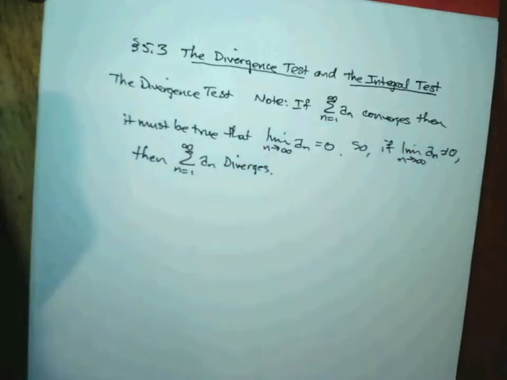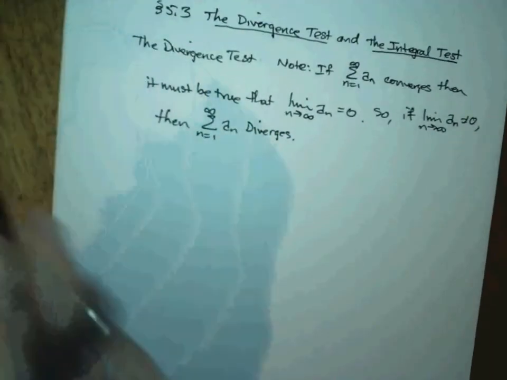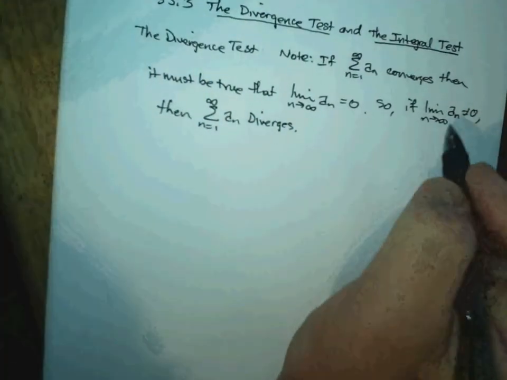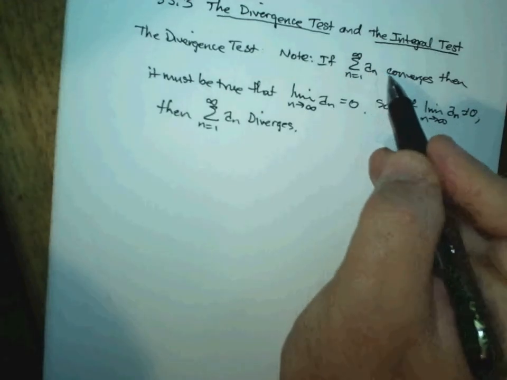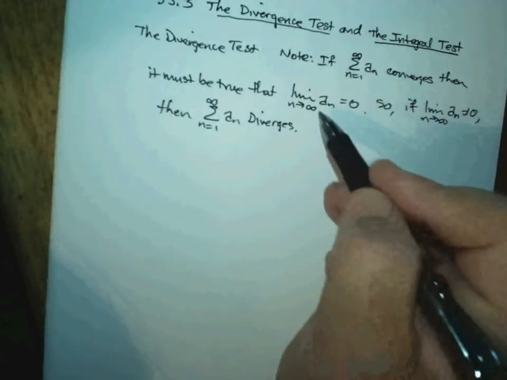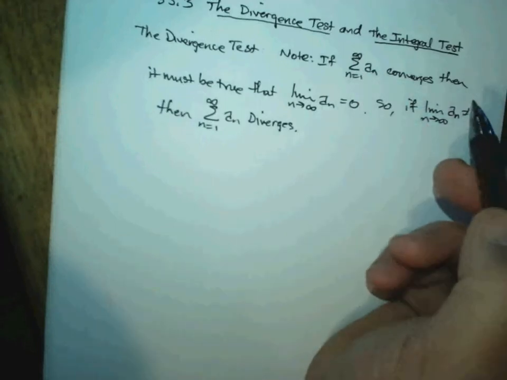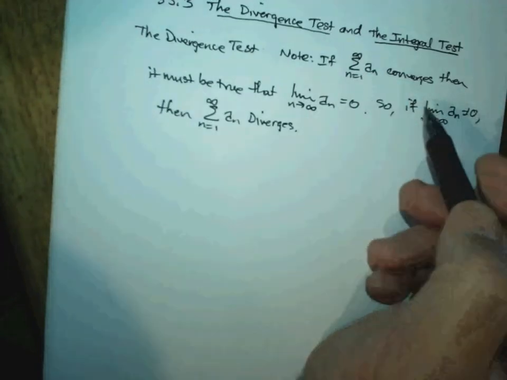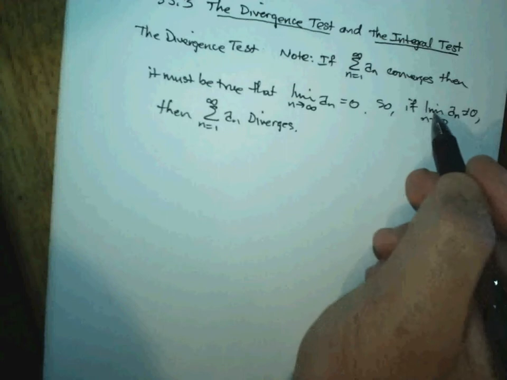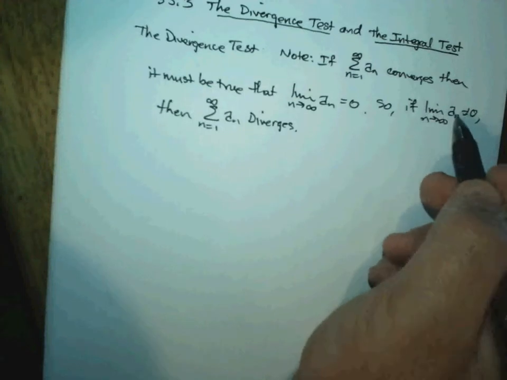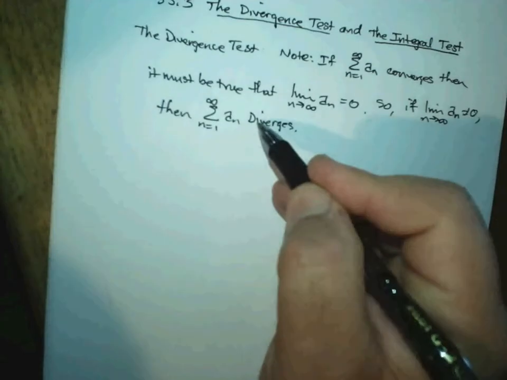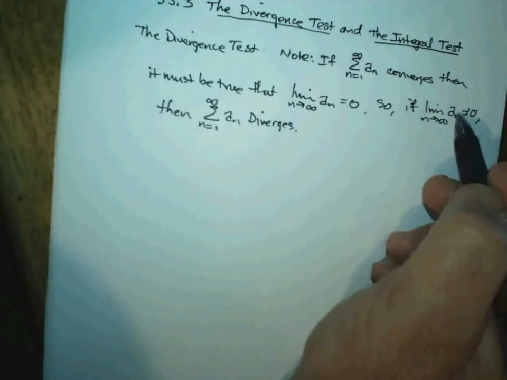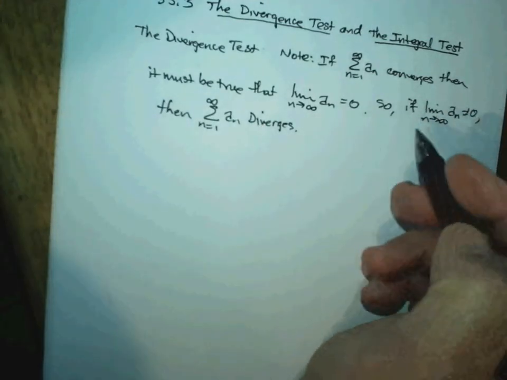So this is a test you can use. Simply taking the limit of the terms of your series, if those terms do not go to 0, you're done. You know that the series diverges. Now, you have to think about the logic of what this says. This says you can reach a conclusion if the limit of a sub n is not 0. If this limit of a sub n equals 0, then the test is inconclusive.